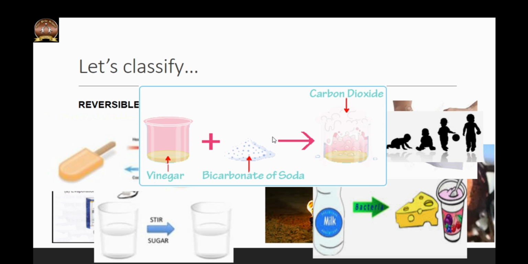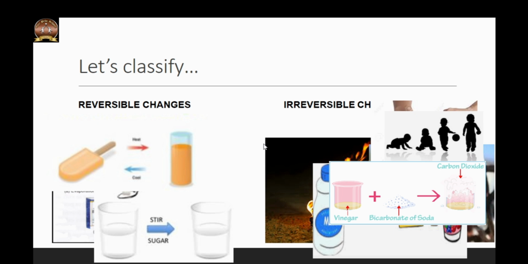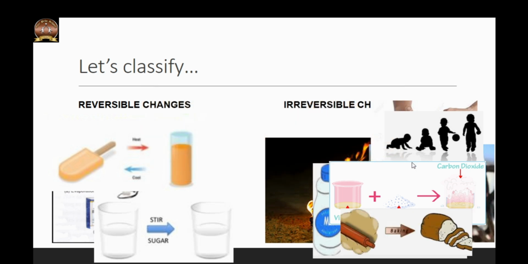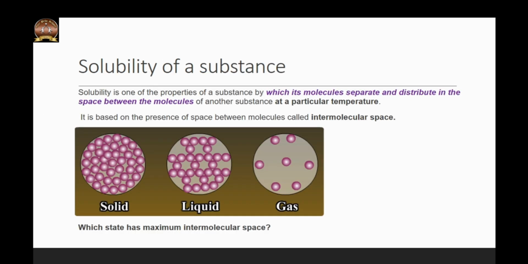This process is a chemical reaction and it is an irreversible reaction. Kneading of flour and baking it to form bread or cooking it to form rotis is also an example of an irreversible chemical change.